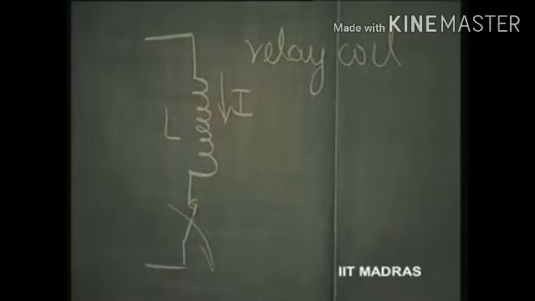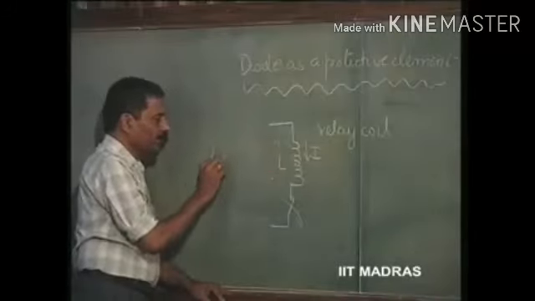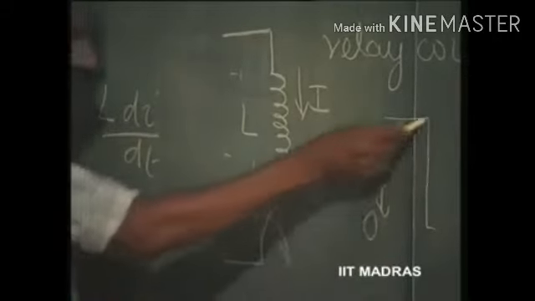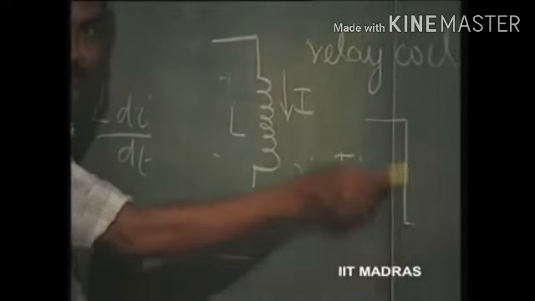The voltage across an inductor is L di by dt. The current here suddenly becomes from I to 0, a sudden drop in current. So, that means di by dt is infinity. That means voltage across the inductor becomes infinity.